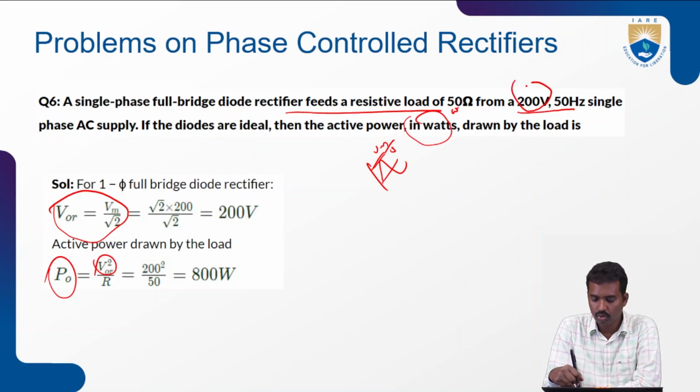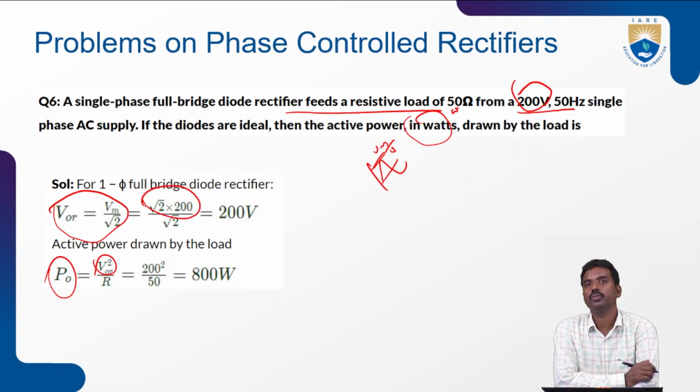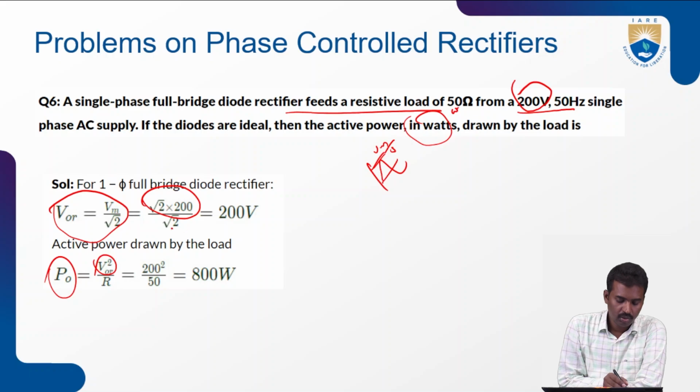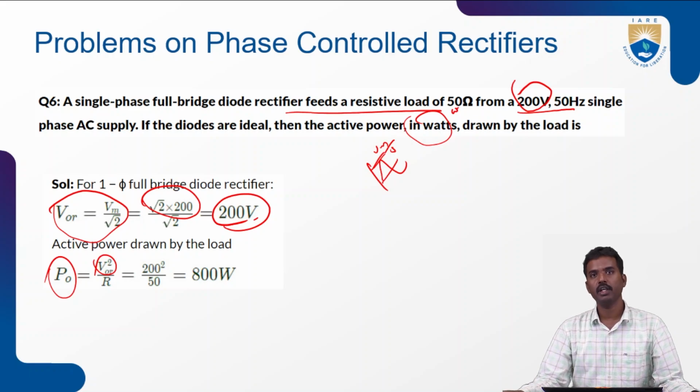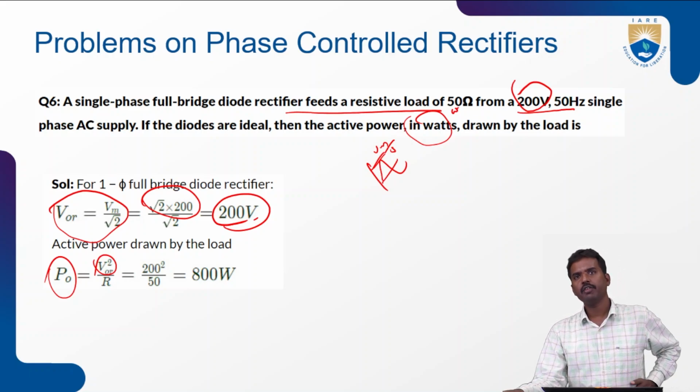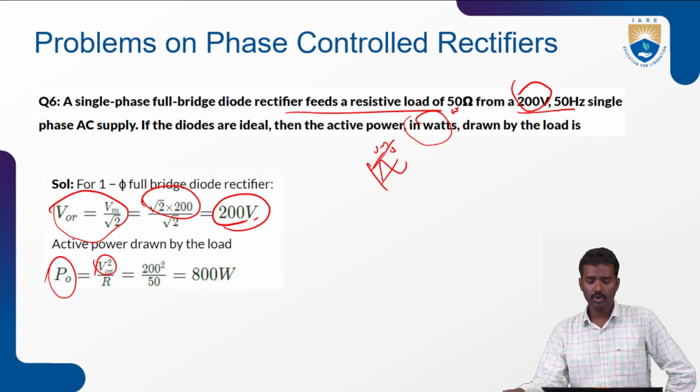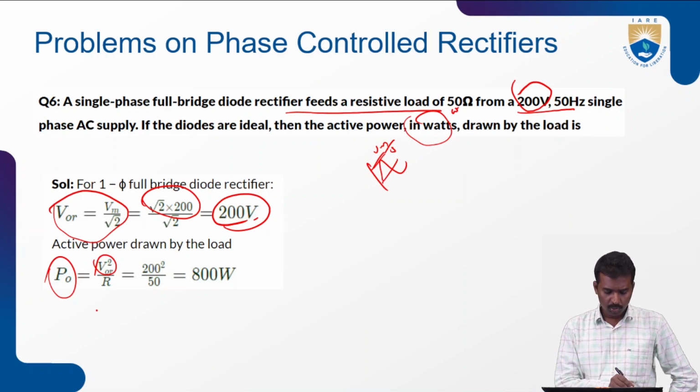The given voltage is 200, so Vm equals 200 into root 2, divided by root 2. So your output RMS value for a single phase full bridge diode rectifier is 200 volts. And now what about the power factor?